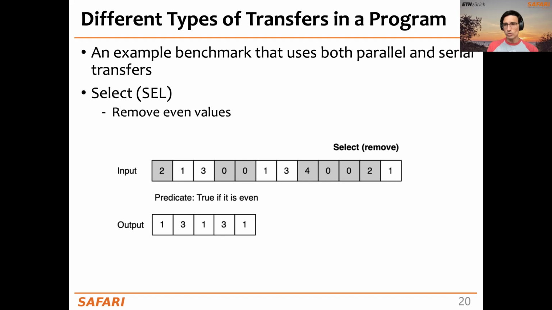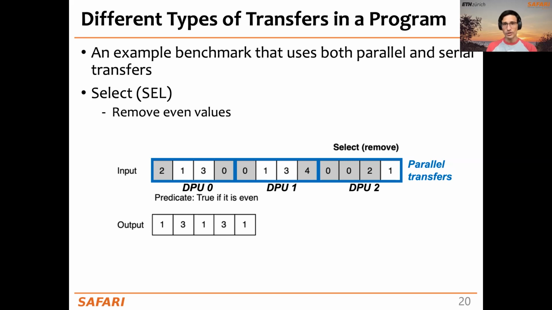In a similar way as in the vector addition workload that we started the lecture with, we divide the input array into equally sized chunks that can be transferred to different DPUs for computation. And because these buffers are of the same size, we can use parallel transfers.